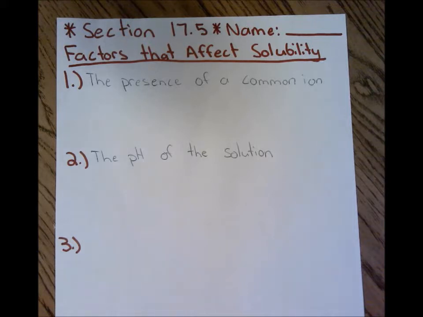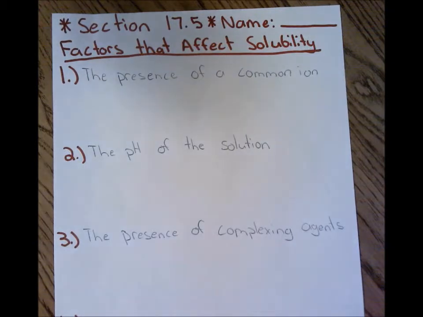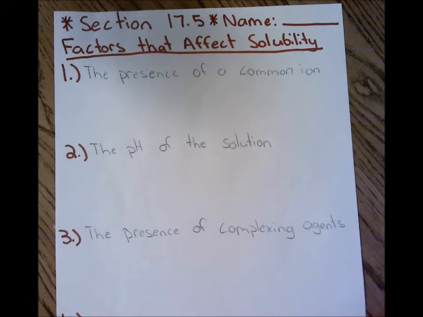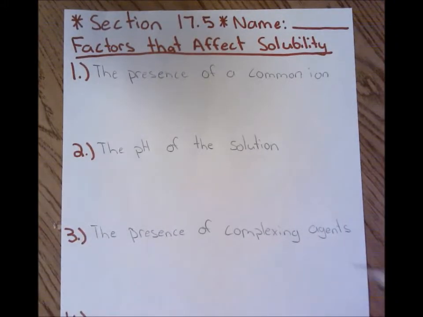The third factor that affects solubility is the presence of complexing agents. If you think back to those metal ion complexes, that is exactly what we're talking about here in point number 3.